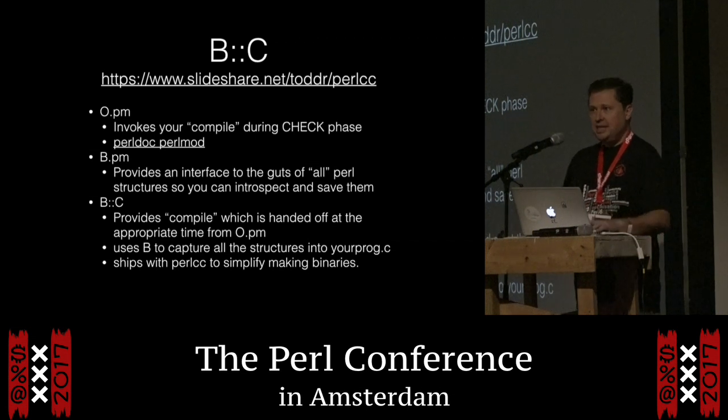We also ship perlcc, so BC actually just generates the C file, and then perlcc is a helper that's used to take that C file and turn it into a compiled executable.